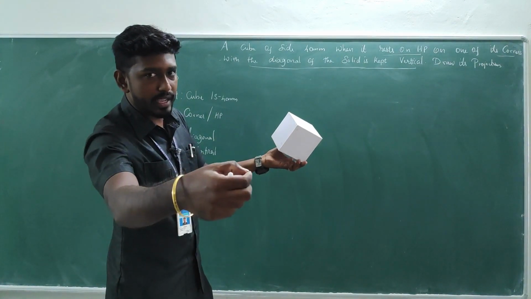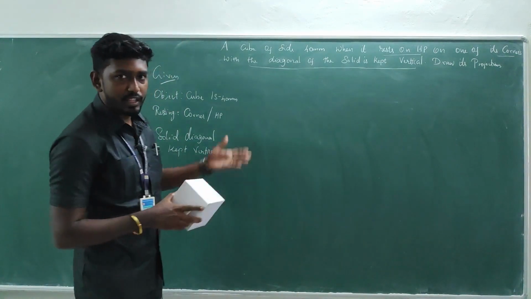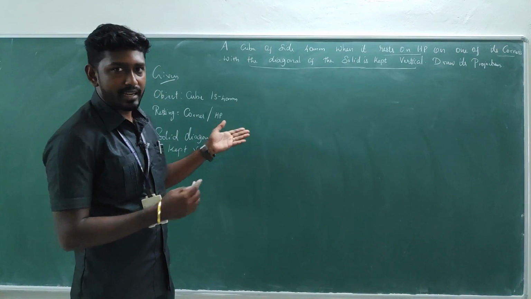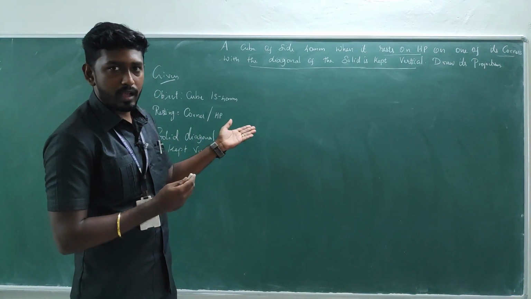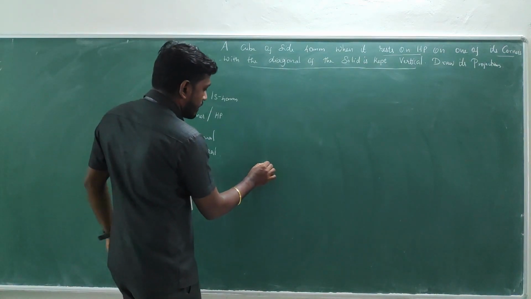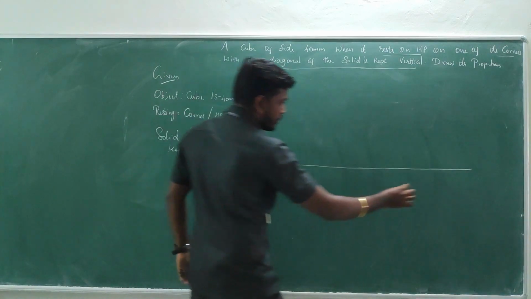For this we need to take the front view and the top view. While you are having the projections on the board, you will see where the solid diagonal is, and how we are going to make it vertical. So first start with the reference line XY. Always we need to undergo two stages.